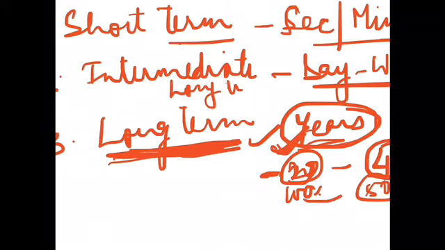It will keep on reducing, 100 to 90 or 80%. So up to certain years, or some of them you will remember throughout your life. That is the long term memory.